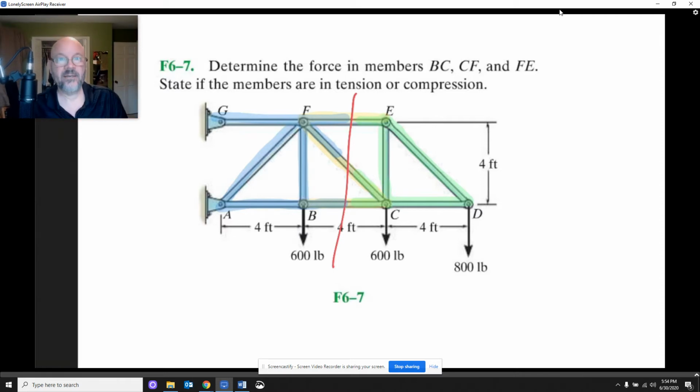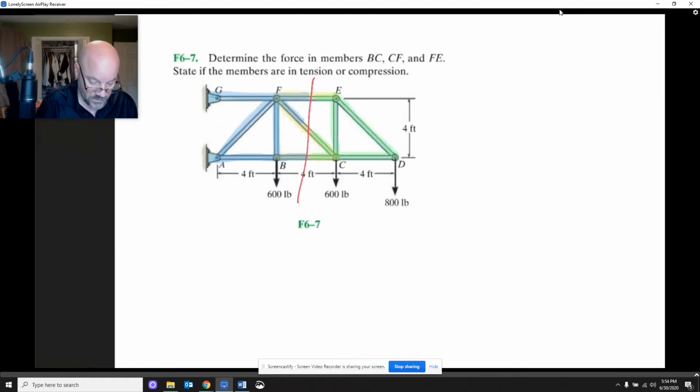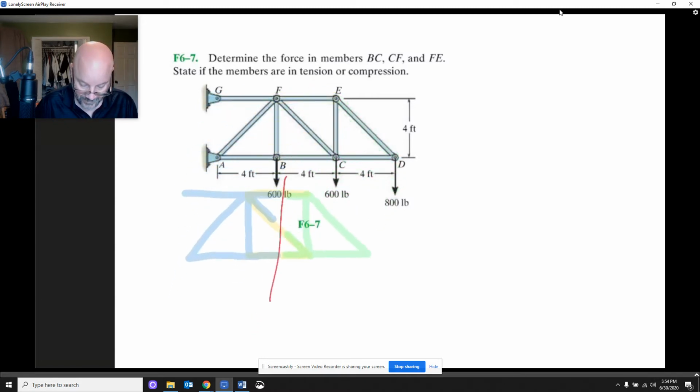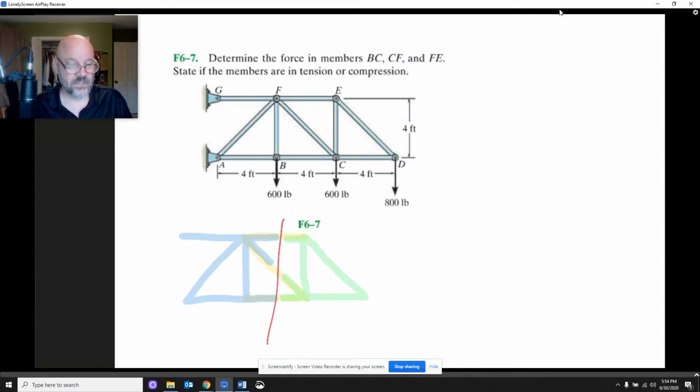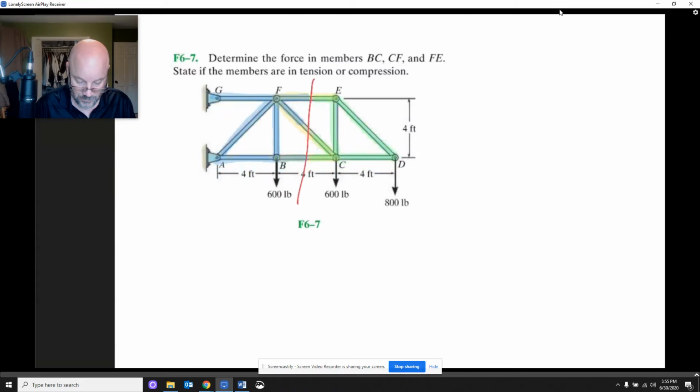Now, if I can get my little drawing program to work properly, what I should be able to do, oops, well, that didn't work at all. I was trying to grab the blue piece and the green piece separately, but I didn't want to have any part of that. Let me put that back.